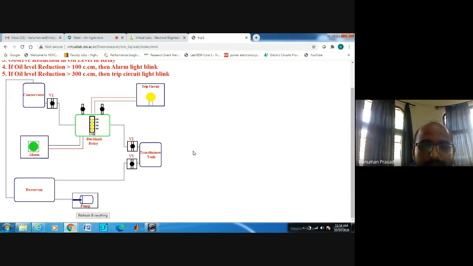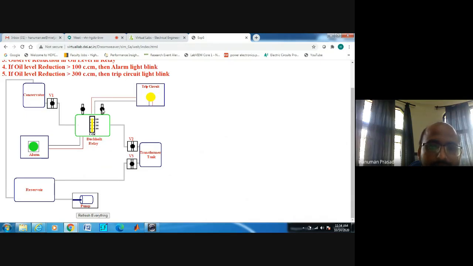This Buchholz relay indicates the level of the transformer tank. The level is 100 cc, 200, 300 or 400 cc, and it is connected to the trip circuit.